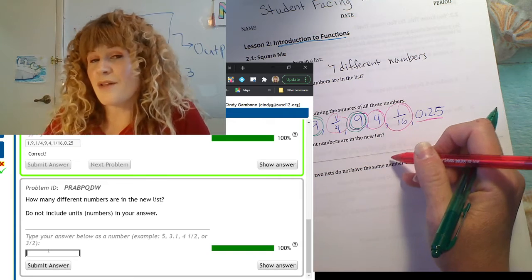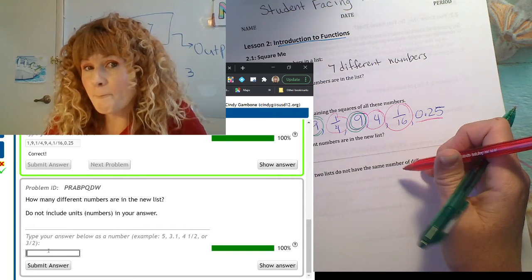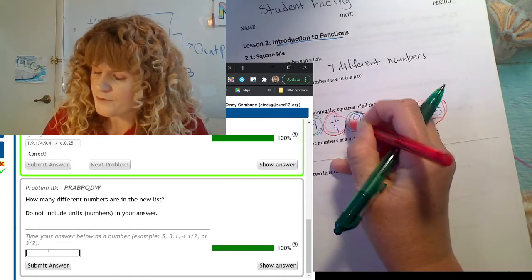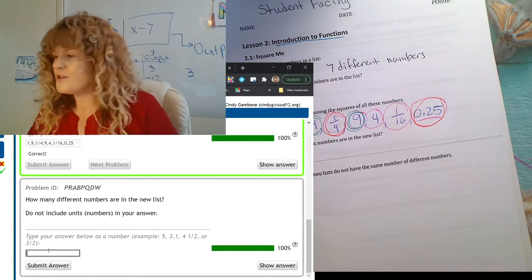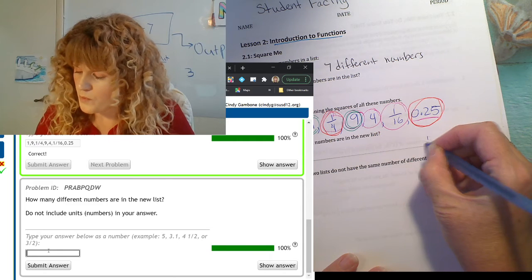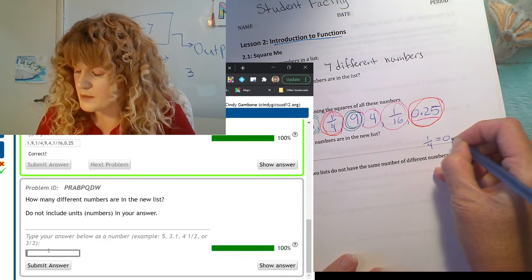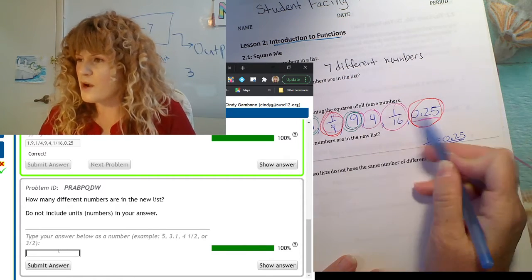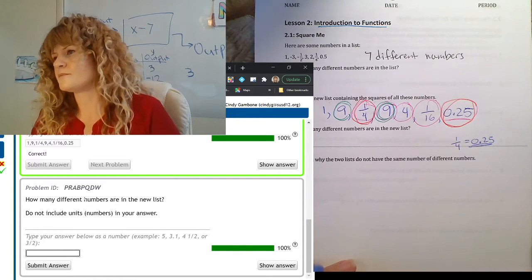Can you find the other repeated number? It is 0.25 and 1/4. You have to remember that 1/4 equals 0.25 in decimals. So those are repeated numbers.